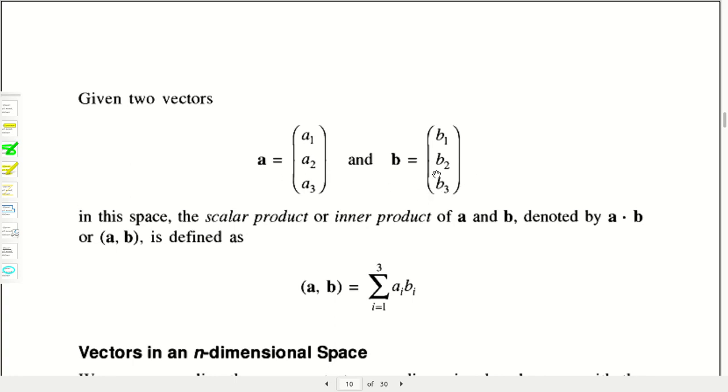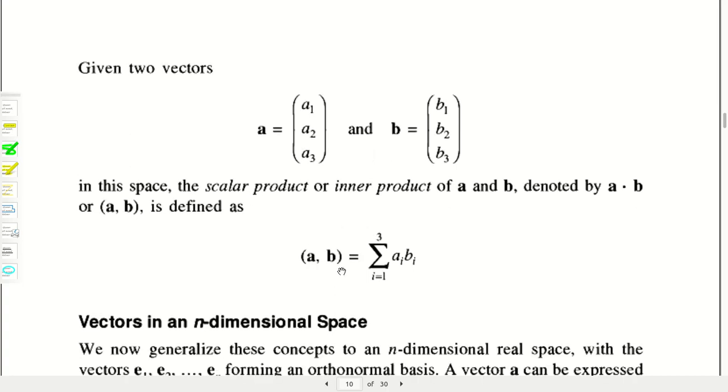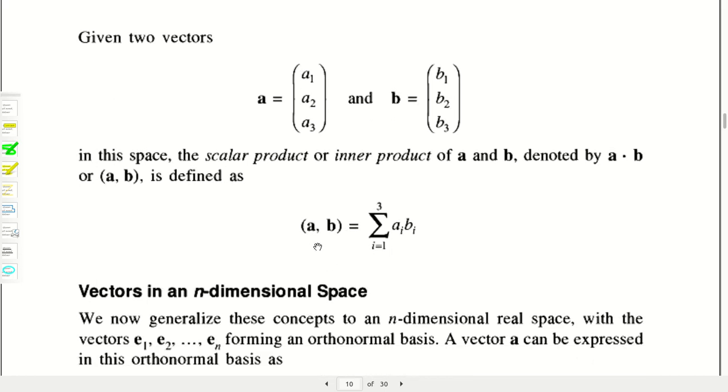If you want the inner product, you are familiar with the dot product or scalar product, and inner product is a similar name for the scalar product. So a dot b is written here as a comma b, because we are multiplying two matrices, so a different symbol is used, but the meaning is the same: the component of a along b.